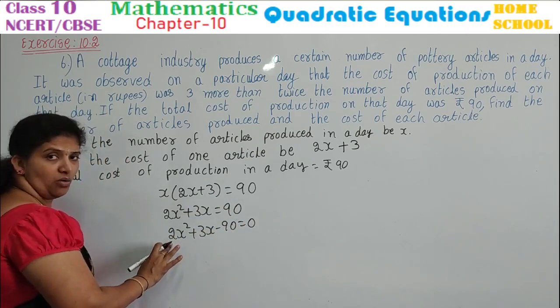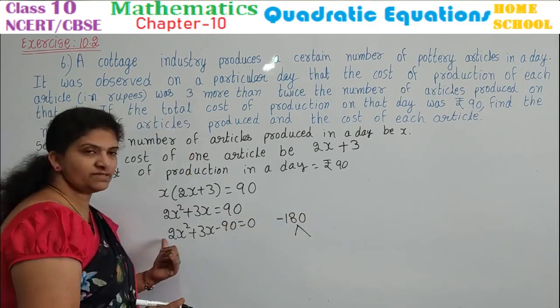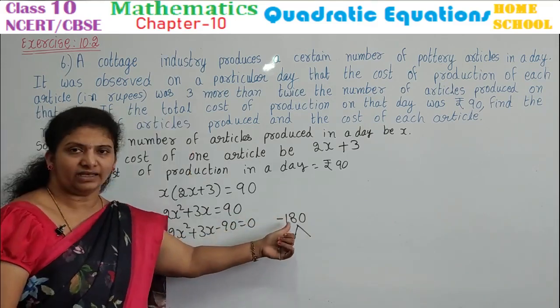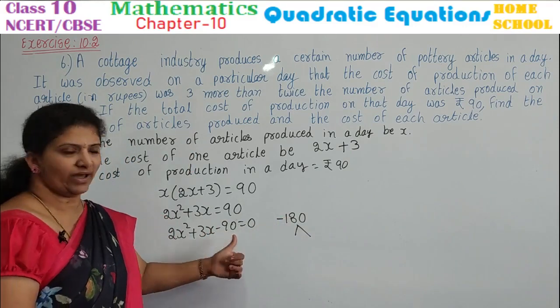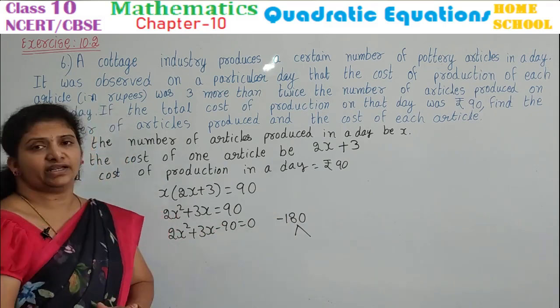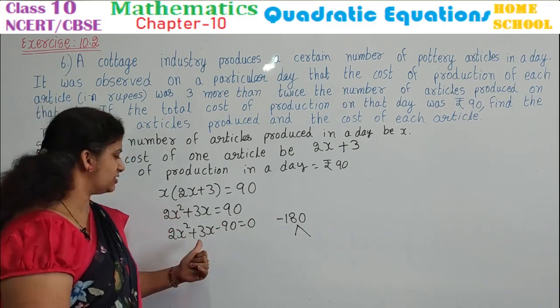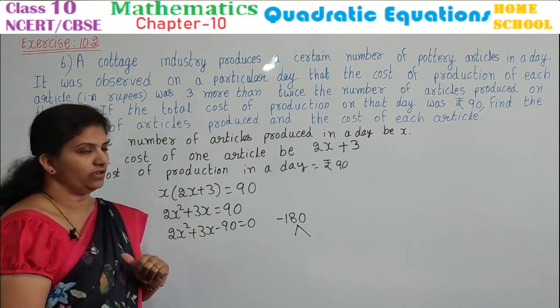Always multiply and write here, then you won't make any mistake. 2 into 90, 180, plus into minus, minus 180. You need to see the factors in such a way that you split the middle term. That means it should give 3.